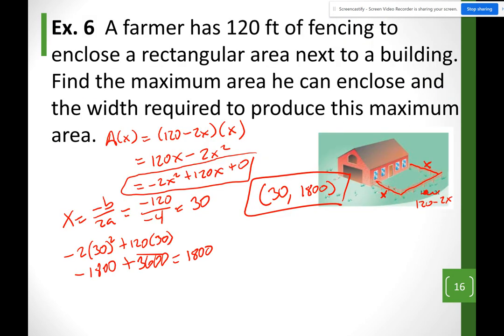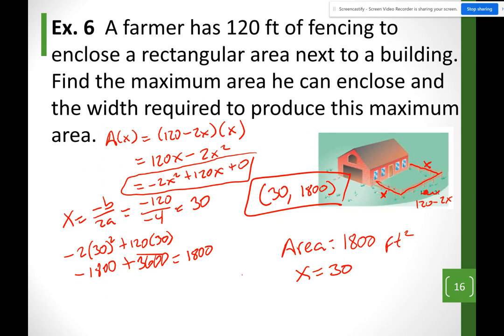Okay, so here, the maximum area that I can do is going to be 1800 feet squared. When does this occur? Because remember, the y value told me the biggest value. When does this occur? When x is equal to 30. When the width is equal to 30.